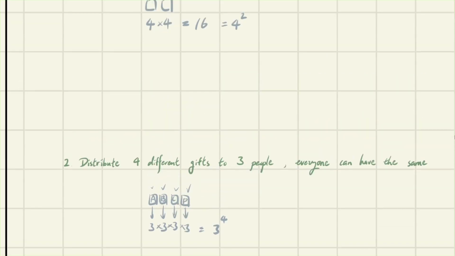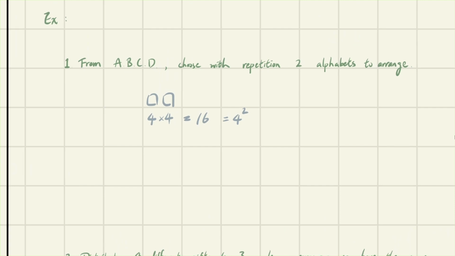And of course, for question 1, A, B, C, D, choose with repetition 2 alphabets to arrange. We don't really need to explain this: 2 alphabets to arrange, so 2 blocks. What is repeatable? The alphabets, because an alphabet can be put into either box, but 1 box can only hold 1 alphabet.